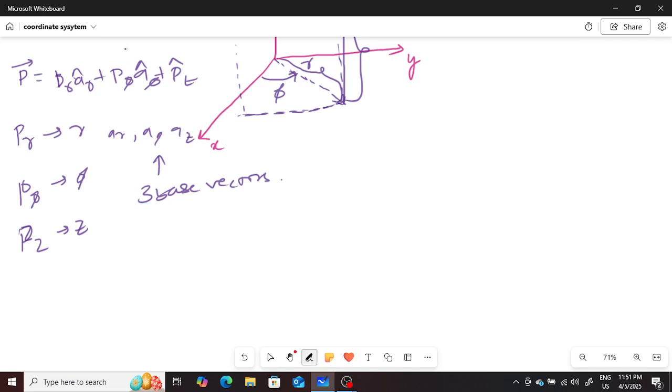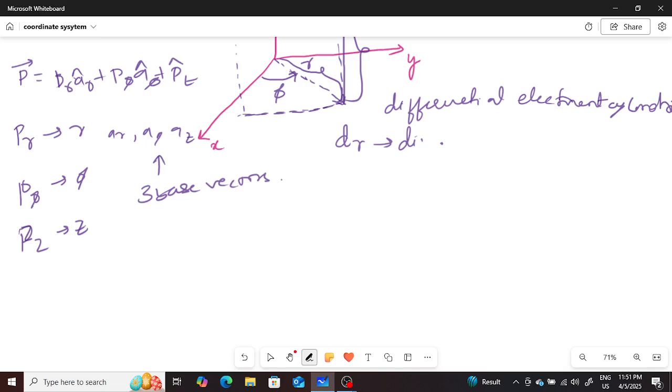As I defined differential elements for the Cartesian coordinate system, here for the cylindrical coordinate system also there are differential elements. dr is the differential length in r direction. d phi is an angle, so how to find the arc length?